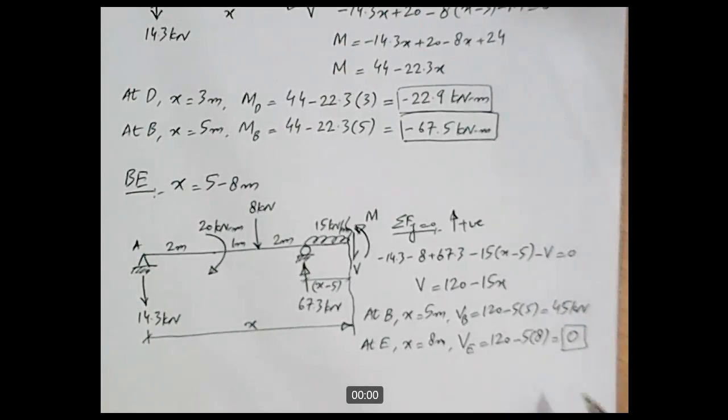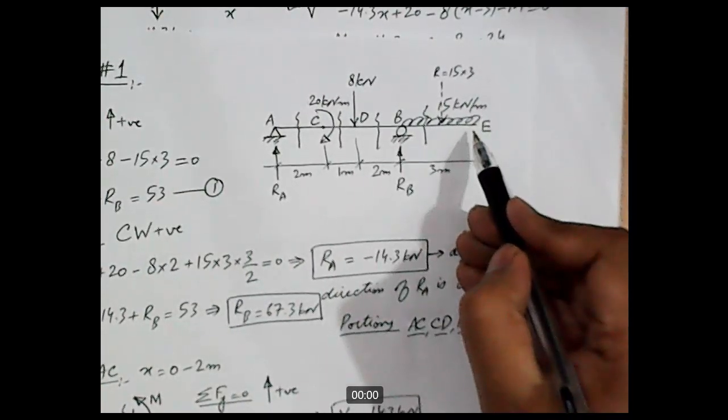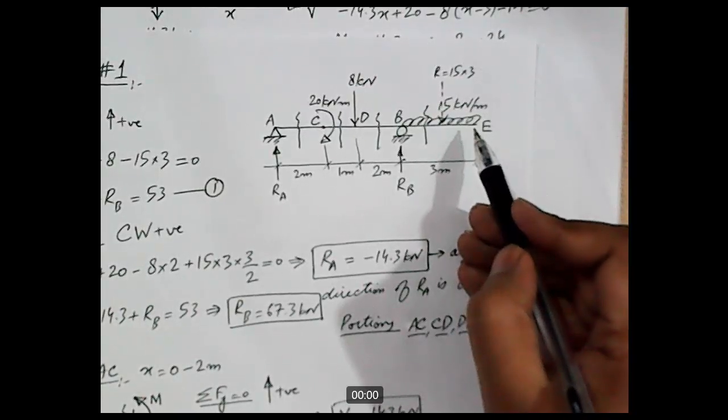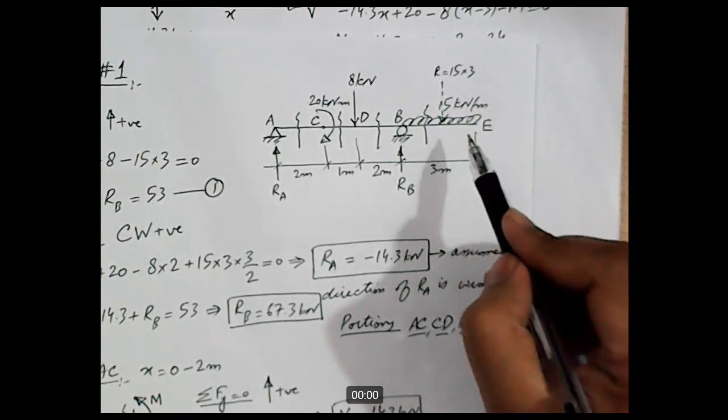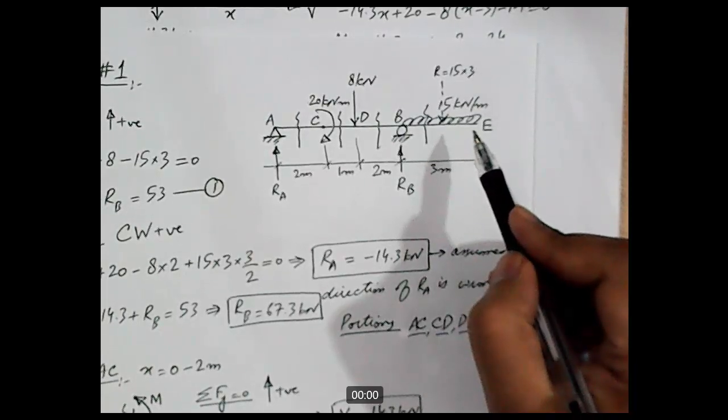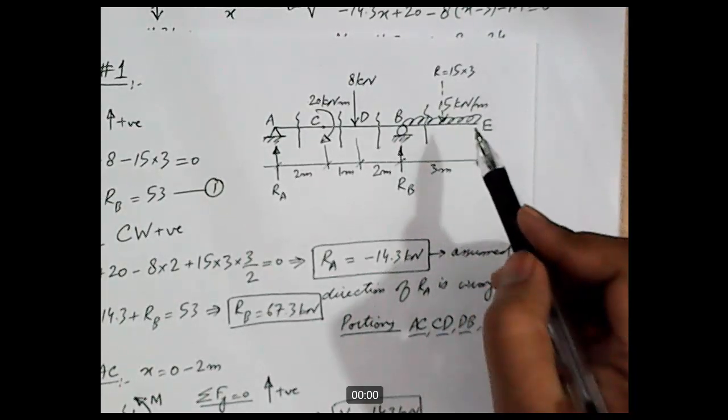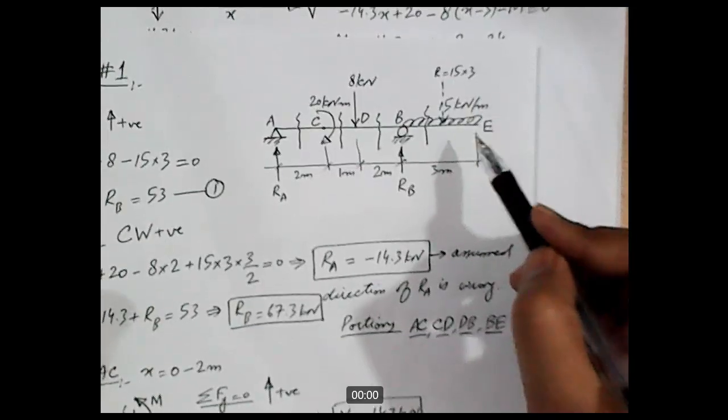Is this 0 logical? What do we have at free end? At point E, we have a free end, and we have discussed that if there is no externally applied moment at point E, then the value of bending moment will be 0 at free end, and that is what we have in this situation.